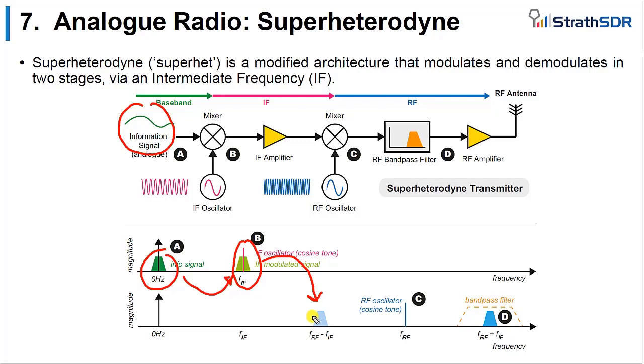So we'll end up with a signal at this particular frequency band here. There's a little bit of filtering to do to filter out images, but that's the super het, which has got two stages of modulation. And in fact, that is going to be something that we will call intermediate frequency, or IF systems.